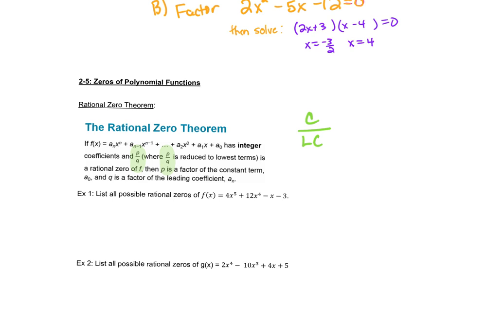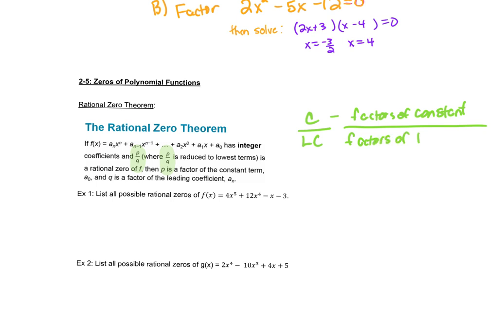So what this theorem tells us is that in order to figure out all of the different possible rational zeros that we could have, we want to look at the factors of the constant. That's what the C stands for, constant. So factors of the constant, and then we want to write this as a ratio, so we're going to put them over all of the factors of the leading coefficient.